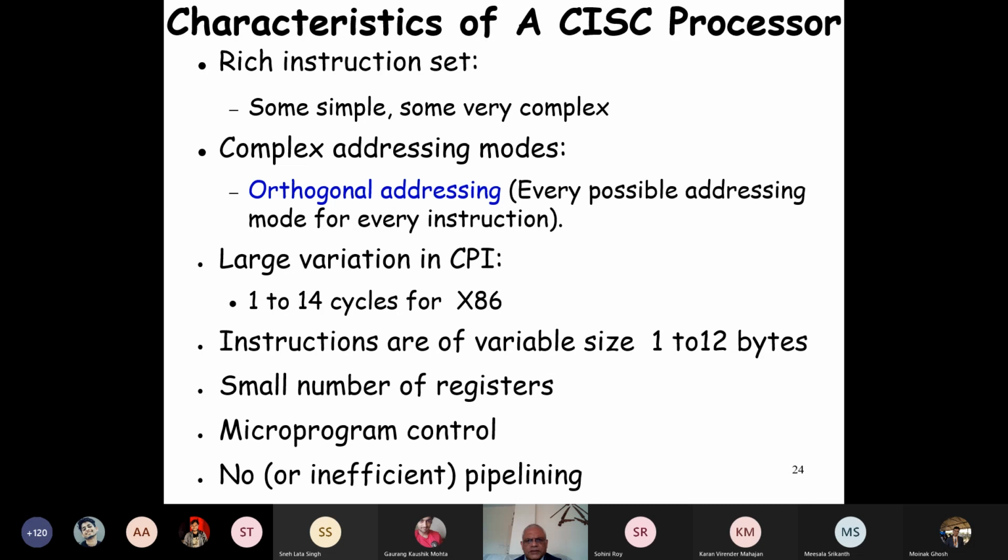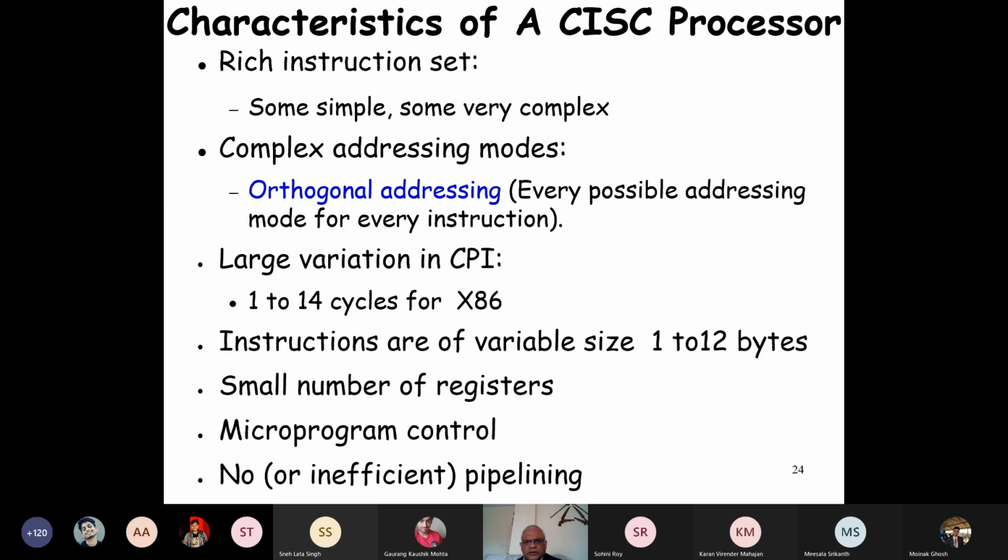Typically a small number of registers, because the control circuitry here is so large, it takes most of the chip area. Decoding the instruction is very difficult. And also the control circuit, like when to do what operation, the data to be brought to the register, added, produced, next one, is very difficult.